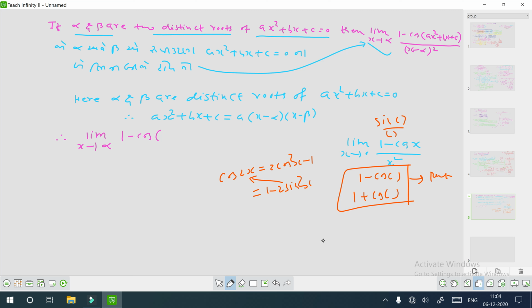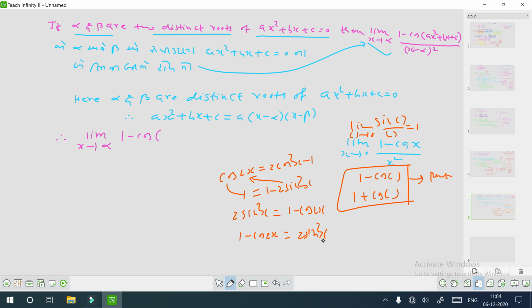Sine over some function is equal to 1, as that function tends to 0. So use this standard form for cos 2x. So 2 sin square x is equal to 1 minus cos 2x. So 1 minus cos 2x comes out 2 sin square x.